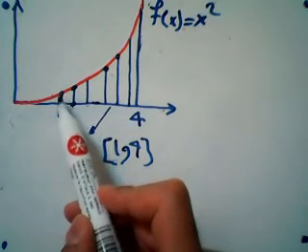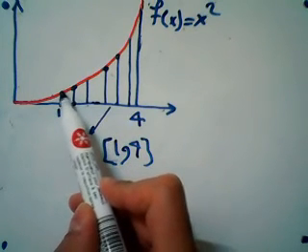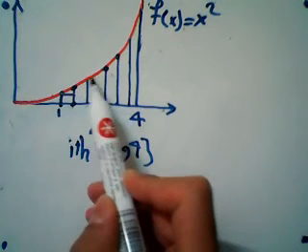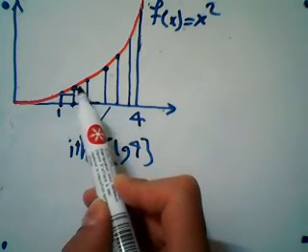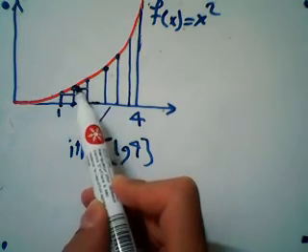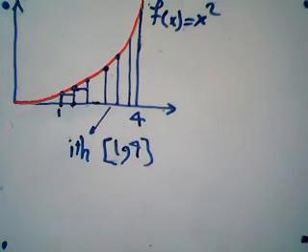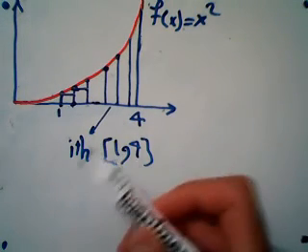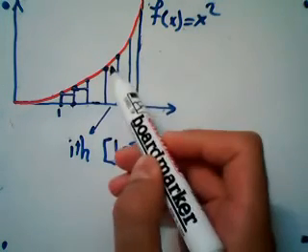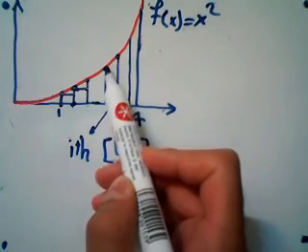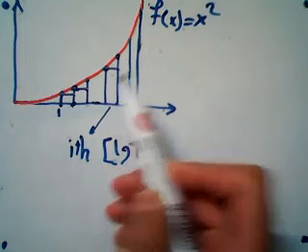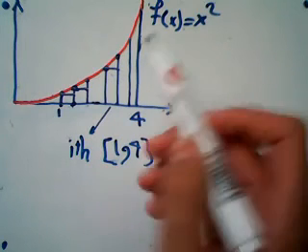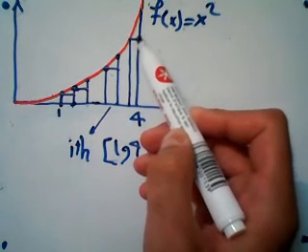For instance, here, draw this horizontal line, and here for the second subinterval, we draw this, and for the general ith interval, we also draw a horizontal line till it meets the next vertical line, and also for the last subinterval.